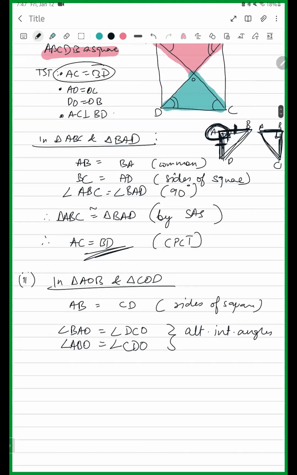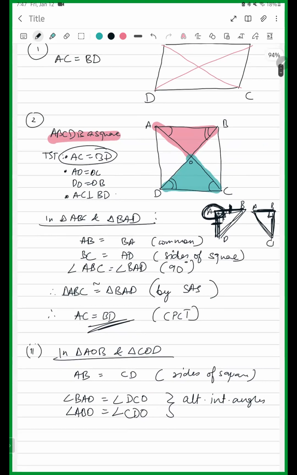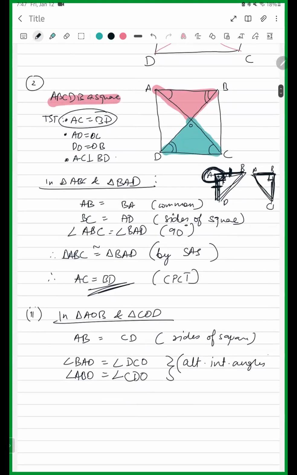Now, in this one, what congruence rule are we using? AAS? No, see here, this is an angle, this is another angle, but the side that we chose is between those two angles.